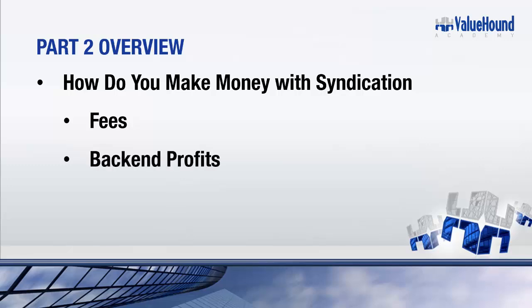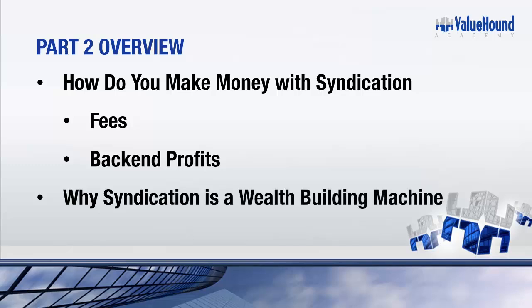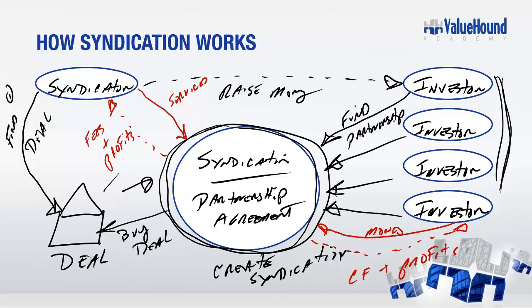We're going to talk about the back-end profits that we can make, and how they are structured. And finally, I want to talk about why syndication is such a great wealth building platform for you, and what the secret is. So that's what we have in store for us in this video training series.